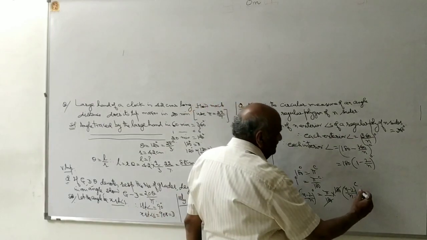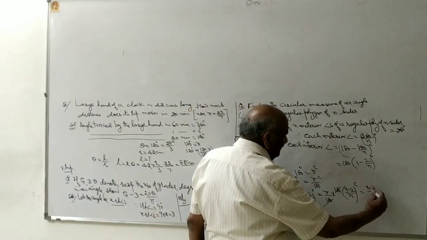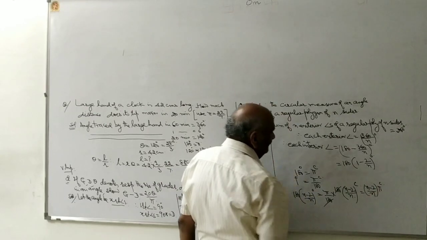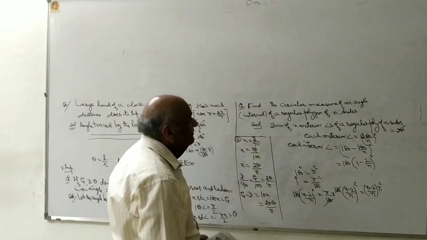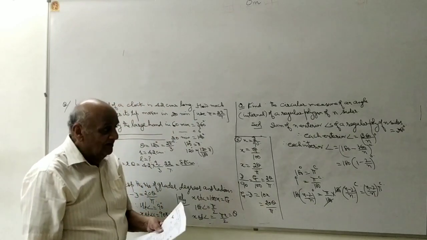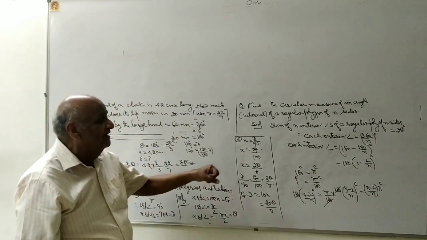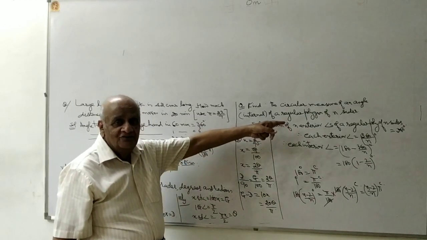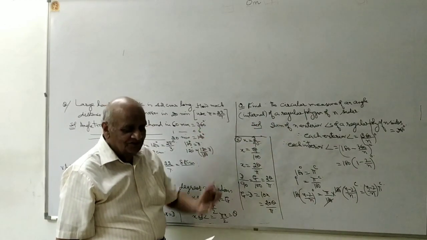The value becomes n minus 2 upon n into pi radians. So this is the internal angle of a regular polygon of n sides. Similarly, we can have 6 sides, 8 sides, 12 sides, and so on. But the general form is this.